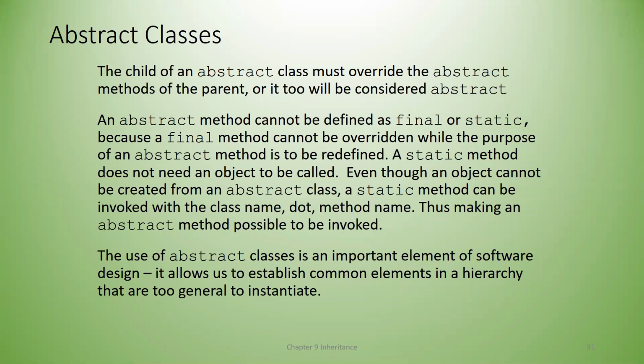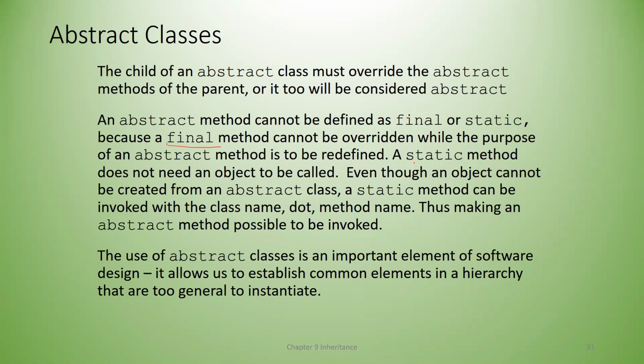The child class has to override everything that's abstract. Therefore, an abstract method cannot be defined as final because it is meant to be overridden. Otherwise, it's meaningless.